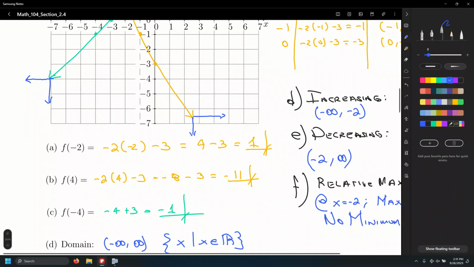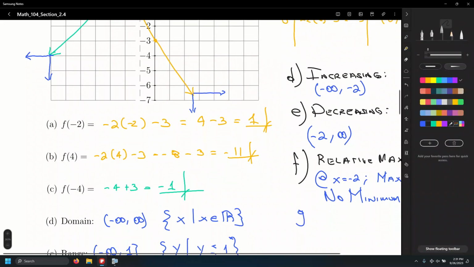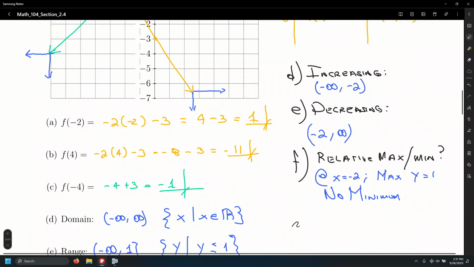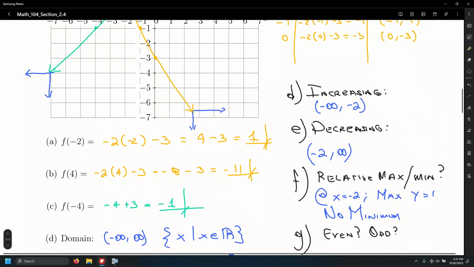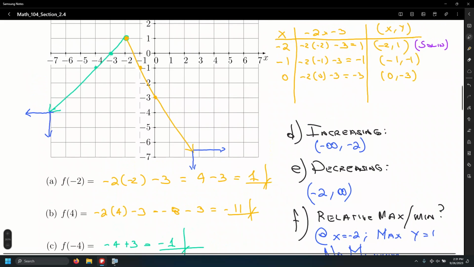And lastly, let's now do the even and odd. Even, odd, or neither. So what would we say about it? We say neither, right? Do we all agree with neither? How so? Why so? Number 1, check for symmetry about the y-axis. Do you see the y-axis acting as a mirror in this case?